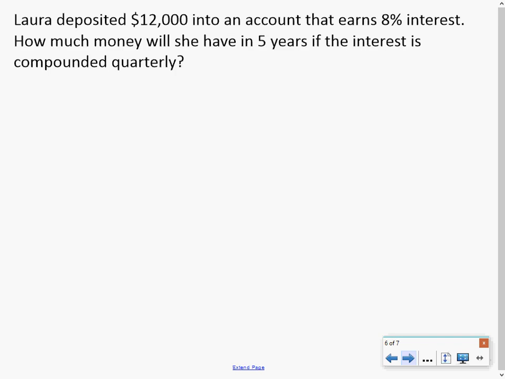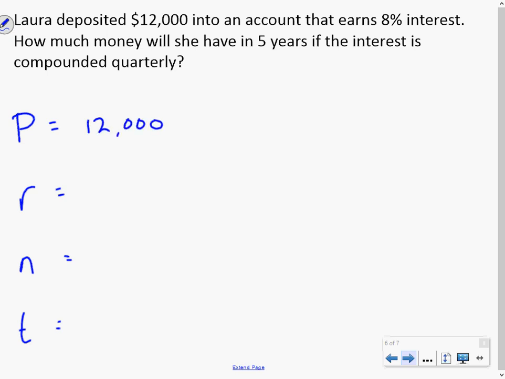So let's look at an example here. Again, we're going to want to start by identifying all of these values: P, R, N, and T. These are the things that we want to identify as we read through. So Laura deposited $12,000 into an account. So that is our starting amount, that is our principal.